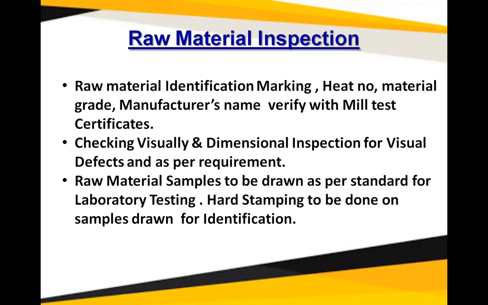Once you are satisfied with the MTC correlation, then you have to check the raw material visually for various types of defects. You will see laminations, scaling, pitting of the plates, like that. In other raw materials also, any visual cracks, any damages or pitting marks, you have to see visually in raw material inspection, because this raw material is the main part from which the final products will be generated.